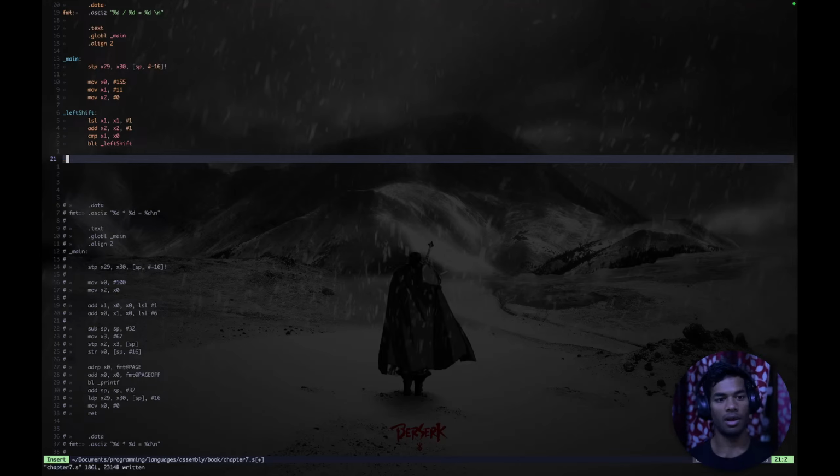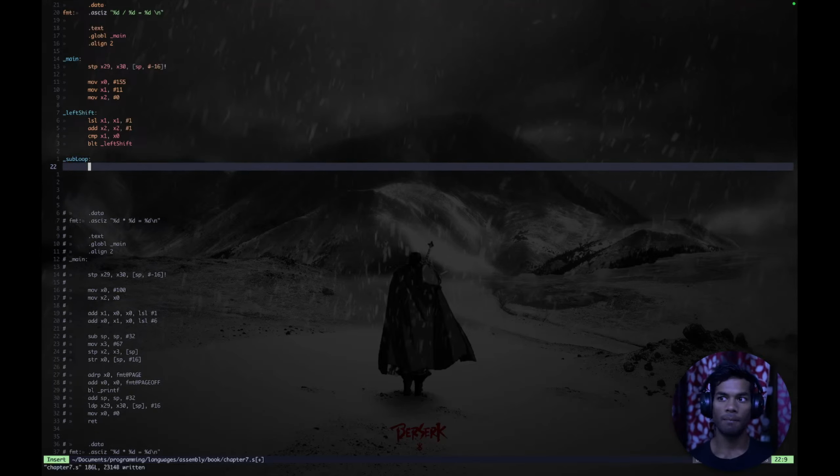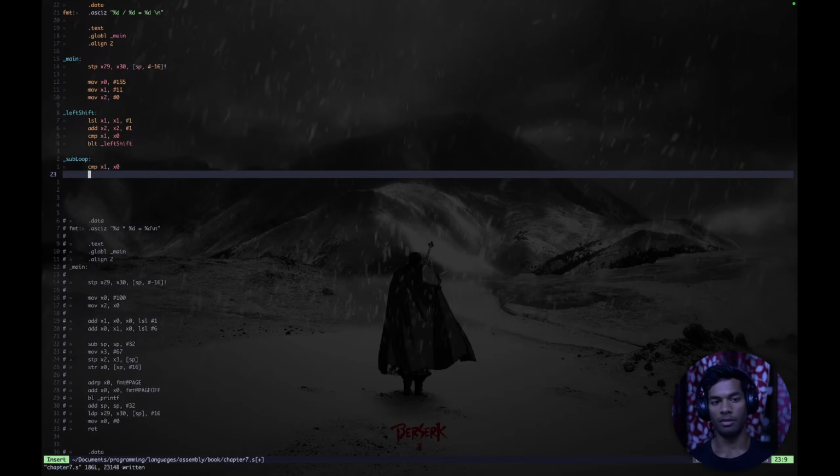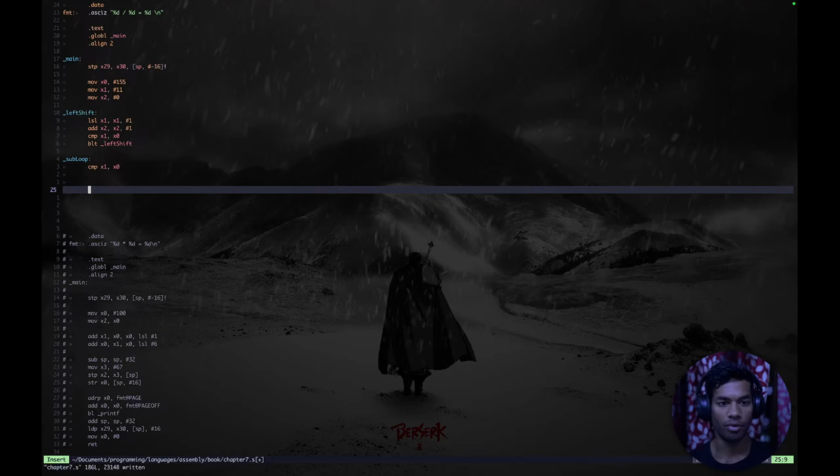And after that I will have a second loop that would do subtraction, sub loop. In this, what I will do is compare the contents of the first and the zeroth register, and what are the things that I have to do no matter what the conditions are?